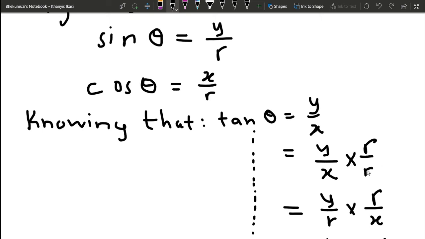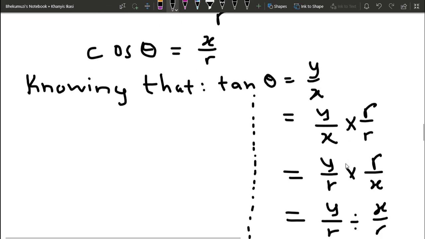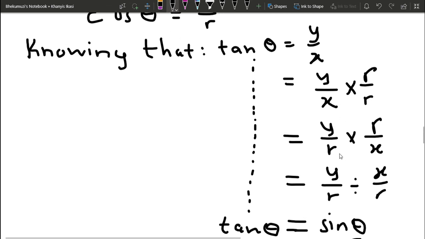So we're just multiplying it by 1, therefore it's not really changing the equation, but it's giving it a different form in which we can look at it. So when we multiply r over r, we can say y over r times r over x, right? We just shifted the values so that it suits the way that we want it to look.